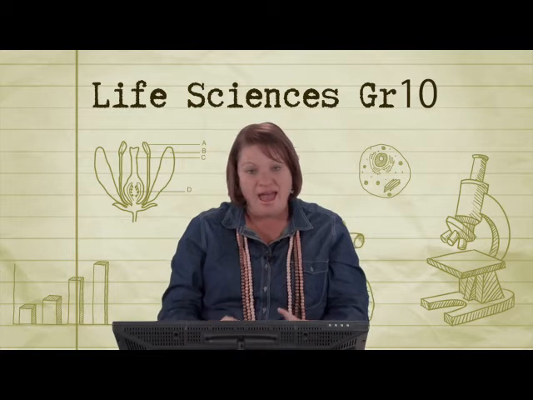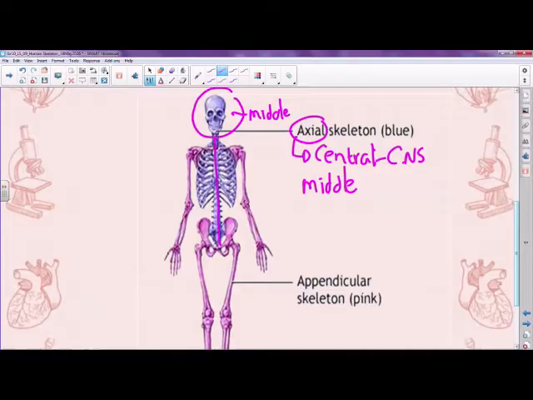Then we have the pink section, which is the appendicular. I don't know if you have ever heard the word before. If you've written something and they say to you, it's at the appendix, the appendicular almost means at the end. I don't want to say at the back because that's confusing, but it means at the end.